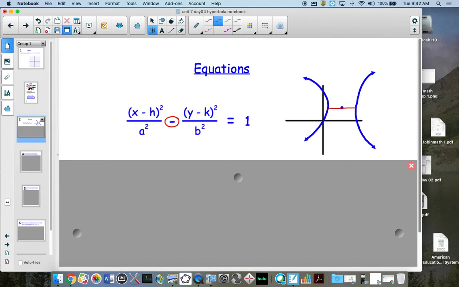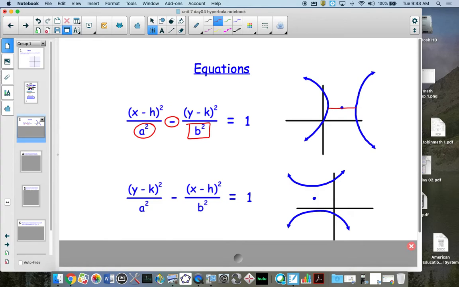So when it's opening to the left and to the right, the x squared term goes first, and then it's minus the y squared term. Now the other difference is the a, the transverse axis, will always be the first denominator. So we're never going to switch these. So a always goes first, b always goes in the second fraction.